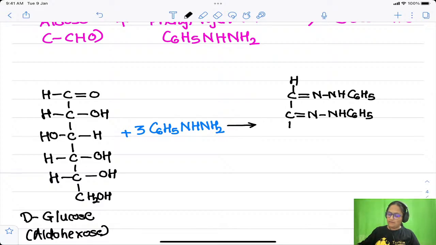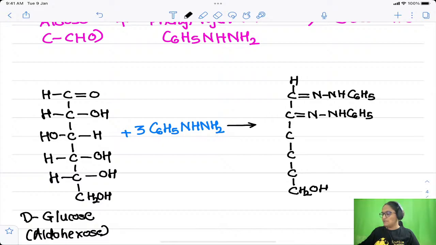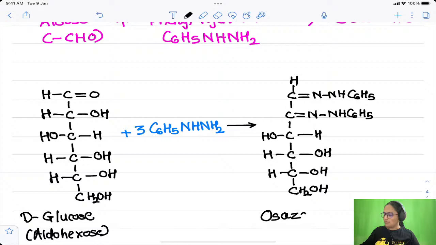The rest of the carbon atoms are as they are; the remaining 4 carbon atoms do not have any change. CH2OH, this is OH, OH and H, and this one will be OH, H and H. This is the addition product which is called osazone.